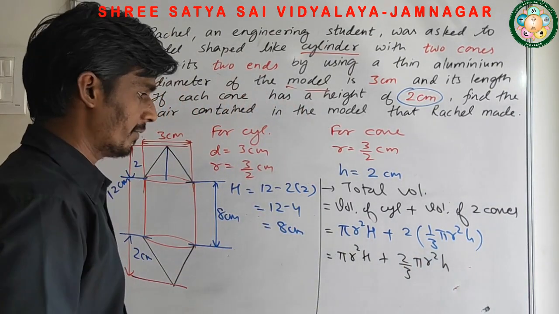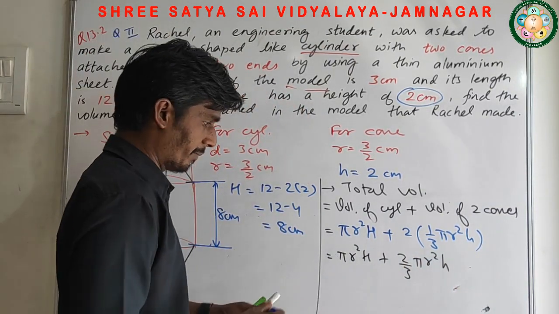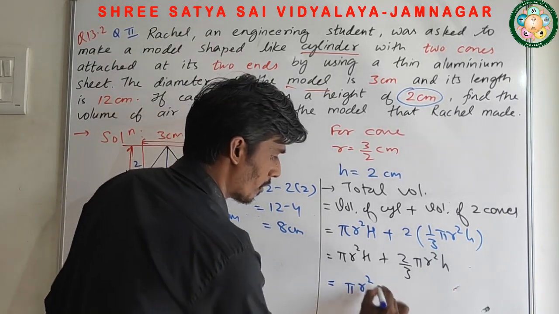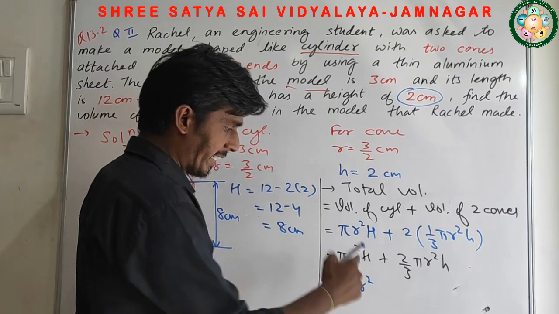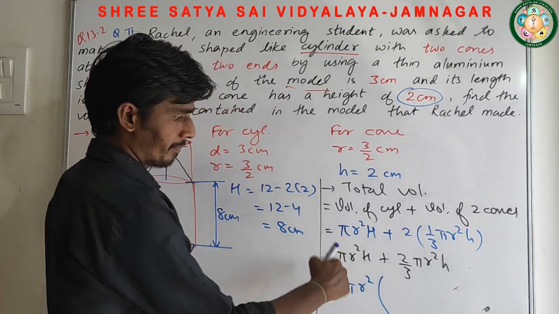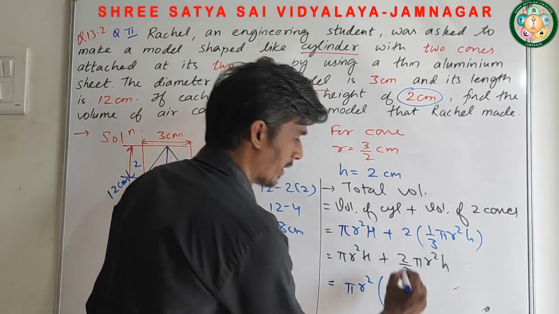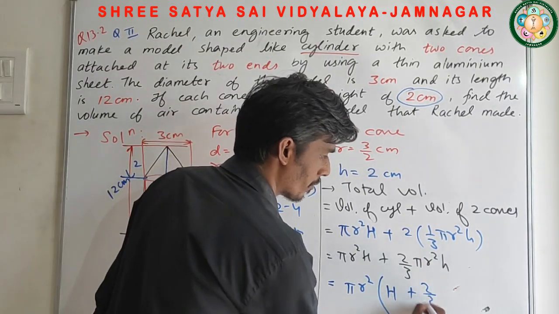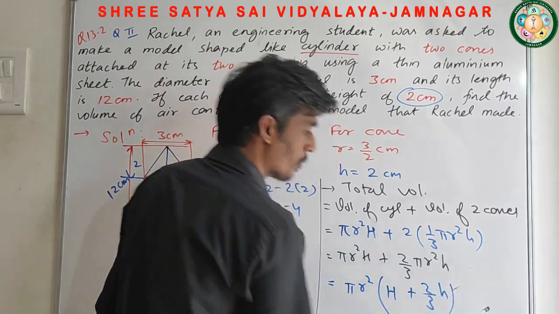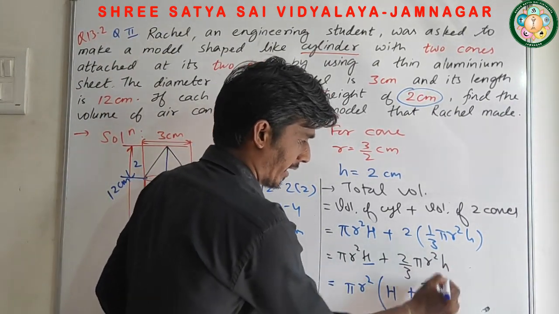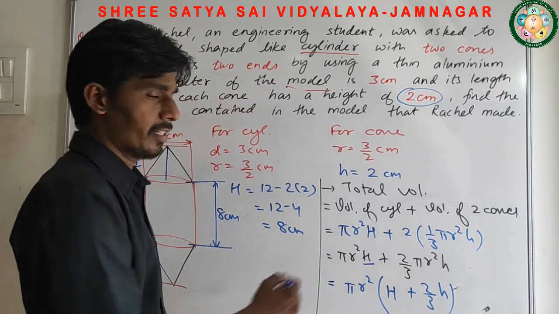Now, what is common between them? Definitely pi is common, r square is common, so inside it will remain H plus 2 by 3 into small h. This H remains, and here it's 2 by 3 and small h. Now we will replace all its values.